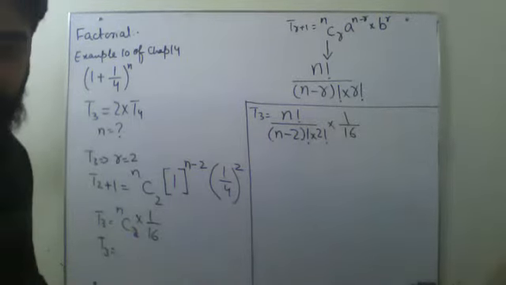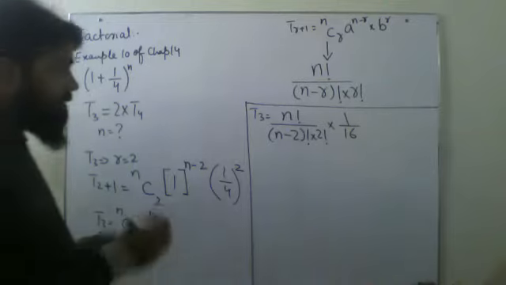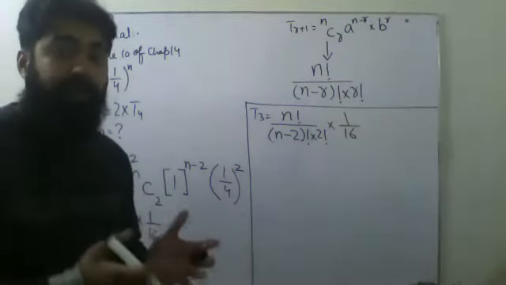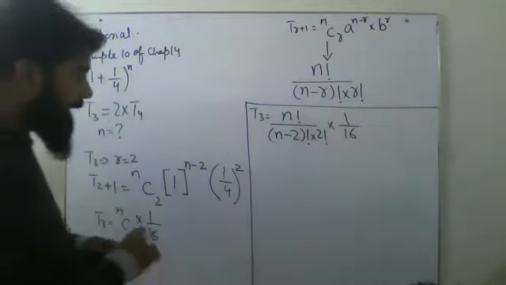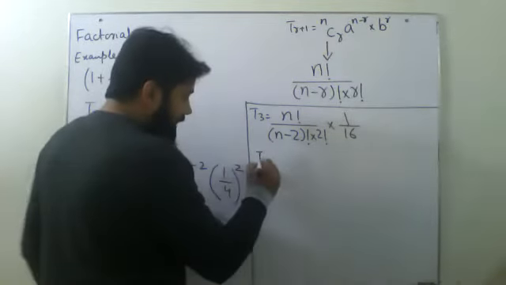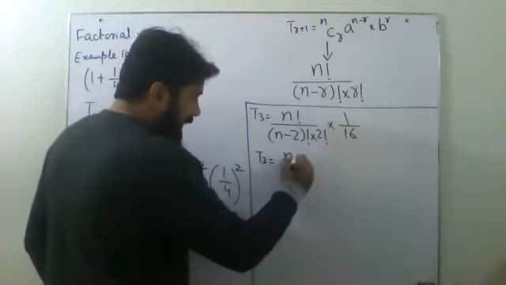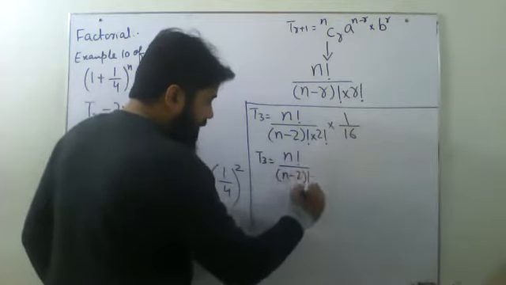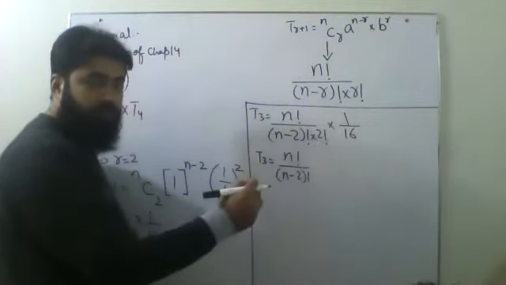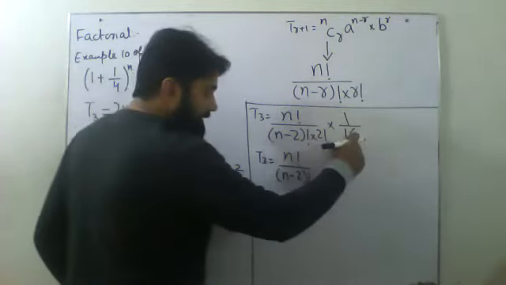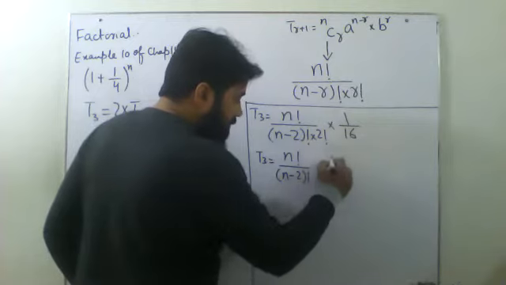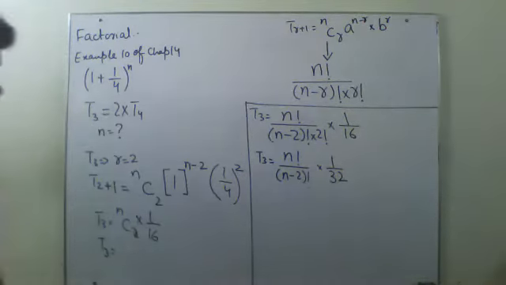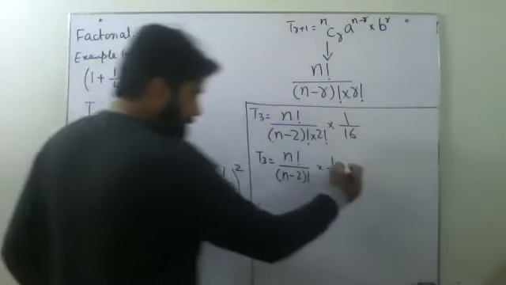Okay. After this, now comes the part in which we apply the factorial concept. See, T3 equals n factorial over n minus 2 factorial into 2 factorial, which will be 2 multiplied by 16. This will come 1 over 32. Now I have to expand this one.